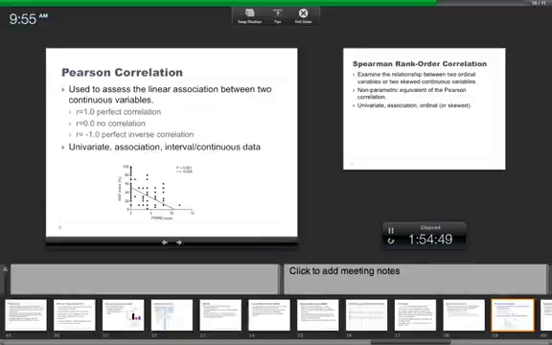So another type of data that we encounter would be a correlation. I'll give you an example here, the Ki-67 index. Have you all heard of the Ki-67 index?